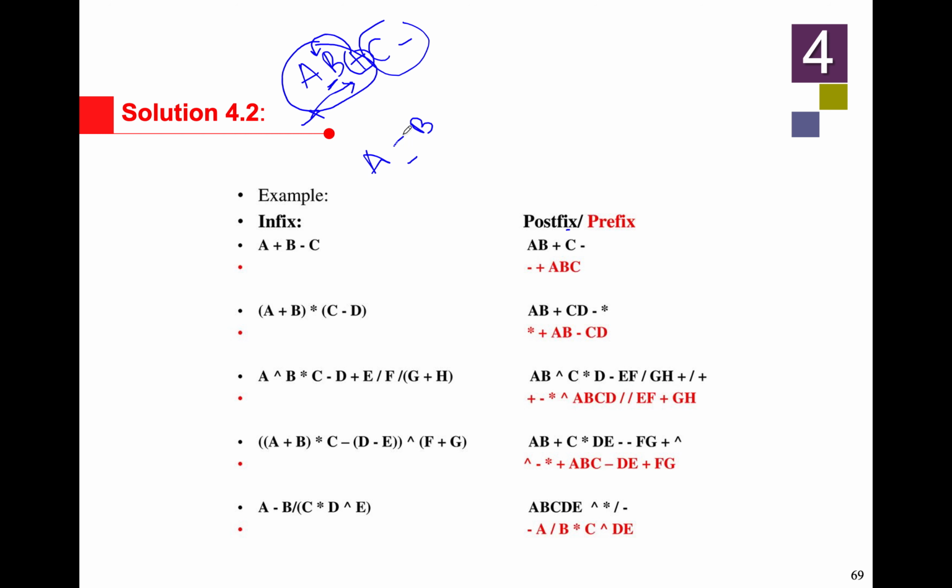So I will put plus over here. And I will go again. You can see I will put a space first, and then I will put C, the variable that I meet, and then the operation. This operation will be between, so it will be put here. So this is the example of how I will convert this A B plus C minus to the infix again.